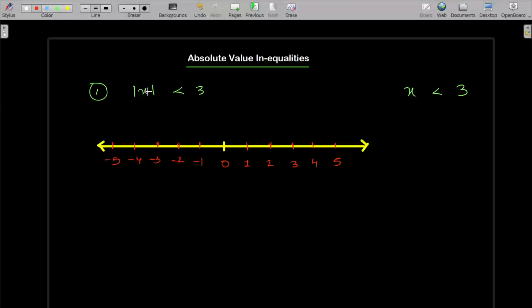So absolute value of x means the distance of a point from 0, and this means less than 3. So we have to take those points whose distances from 0 will be less than 3.